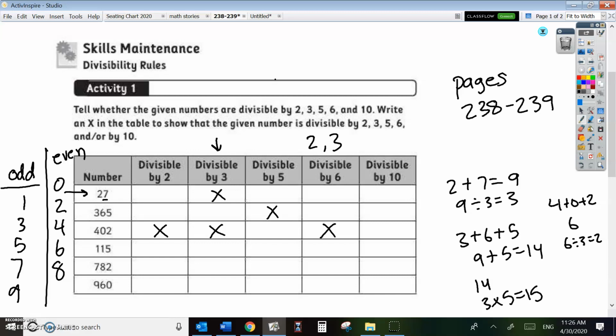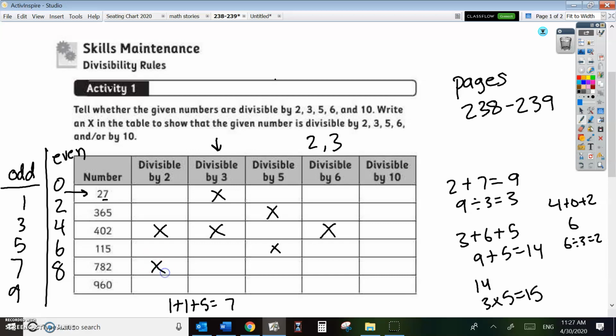Not divisible by 5, not divisible by 10. 115 is an odd number, not divisible by 2. So 1 plus 1 plus 5 equals 7. 7 is not divisible by 3. It is divisible by 5, but not by 6, and not by 10.